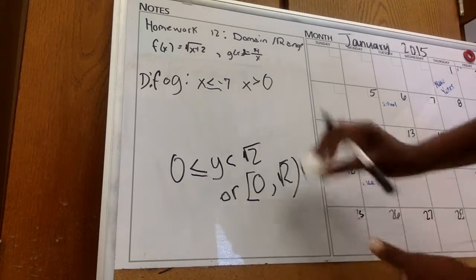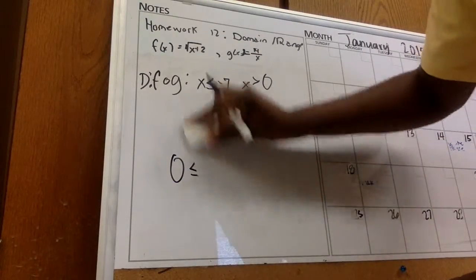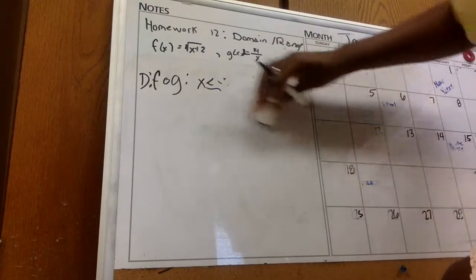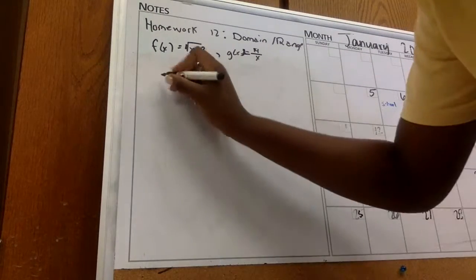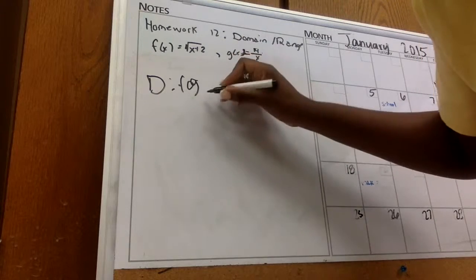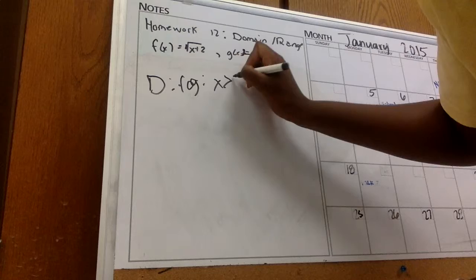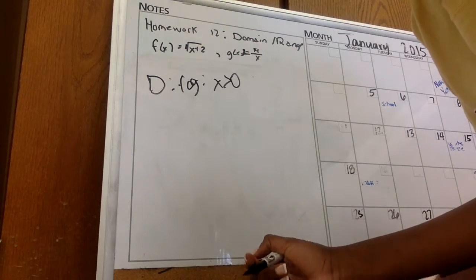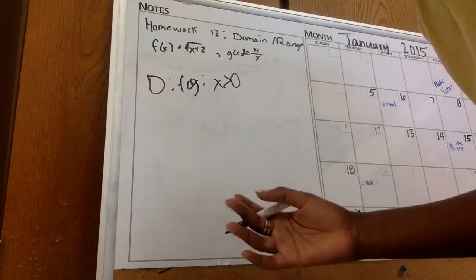Simple as that. So now we're going to look at the other part of the f of g domain, which is simply x is greater than 0. When you plug in numbers larger than 0 into this equation, you find that f of g gets close to the square root of 2, but it never actually equals it.